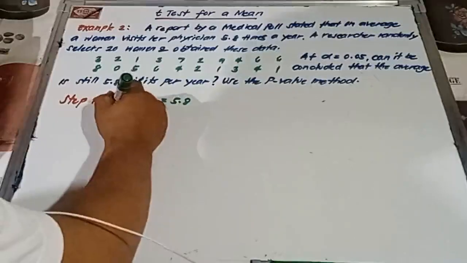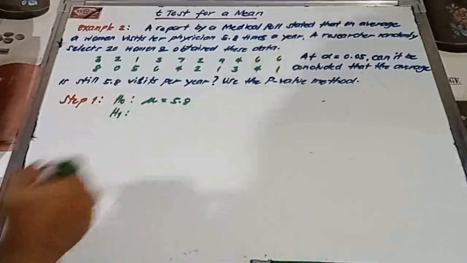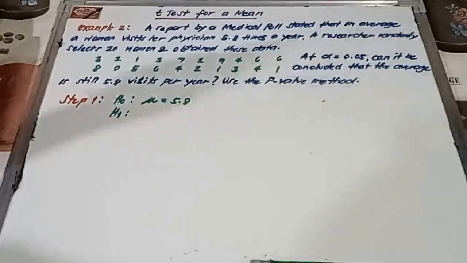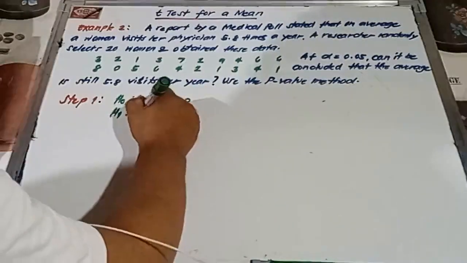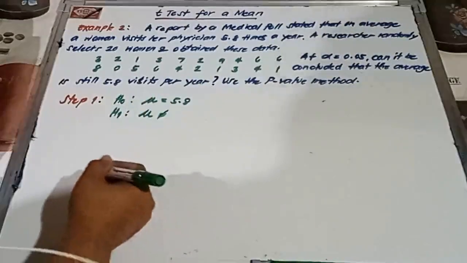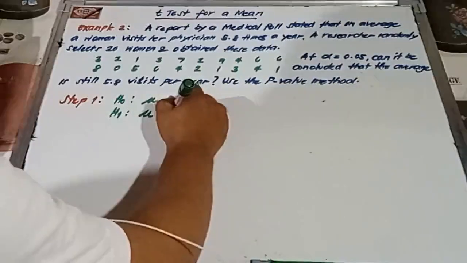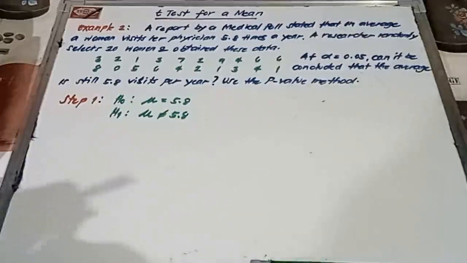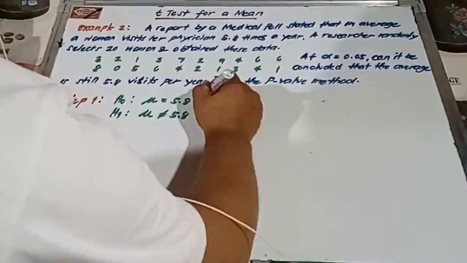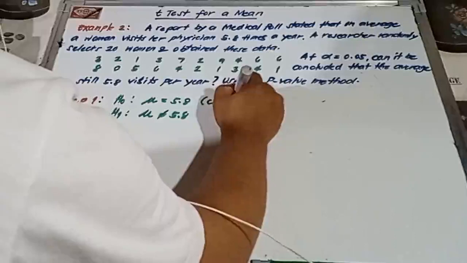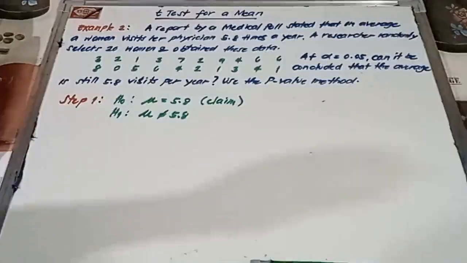While our alternative hypothesis, this is non-directional kasi hindi naka-specify kung tumaas o bumaba yung kanyang pag-visit sa physician in a year. So therefore, our alternative hypothesis is not equal to 5.8. Okay? So, ang claim natin dito is ito. Yung ating kine-claim ay the null hypothesis.